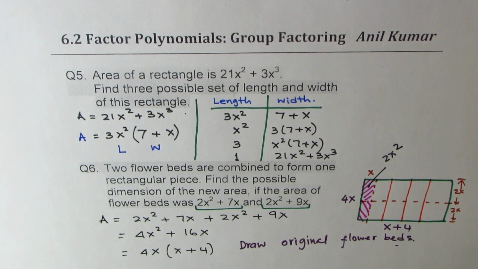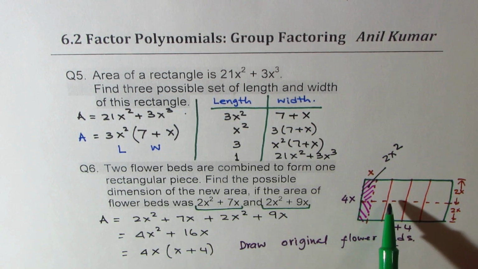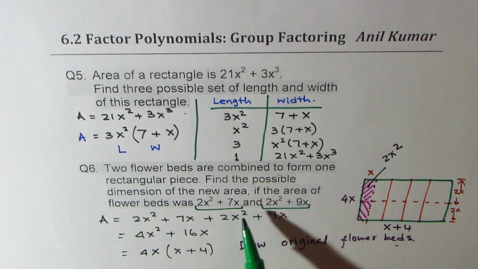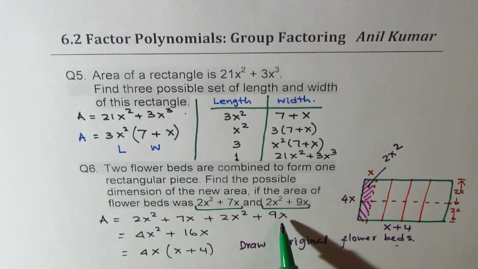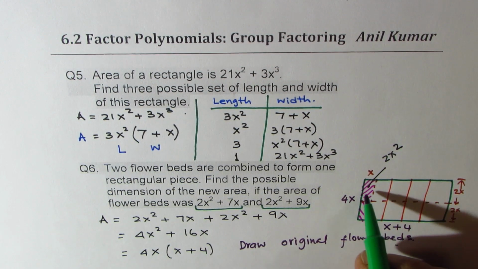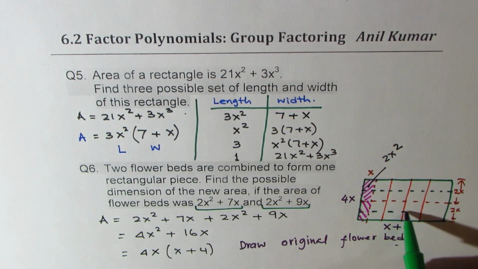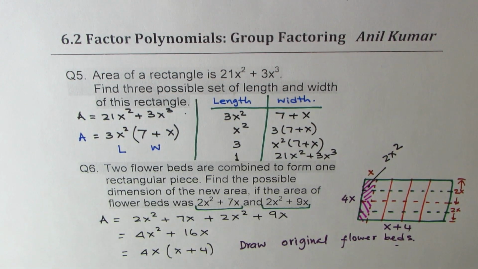So one of the flower beds has how many pieces? 7, right? So we have in all 16 pieces. Each is times 2, right? So it's like this, x times. Do you get the idea? So now you have 16 pieces here, correct?